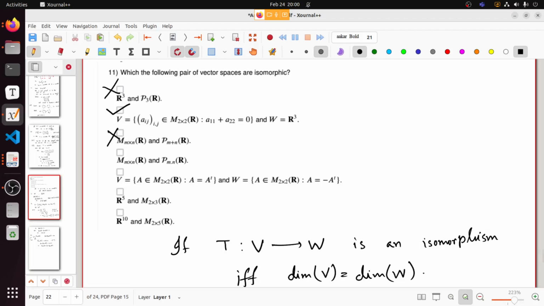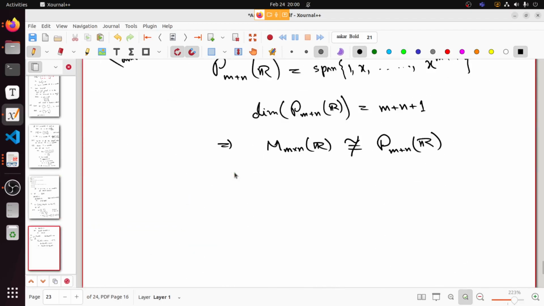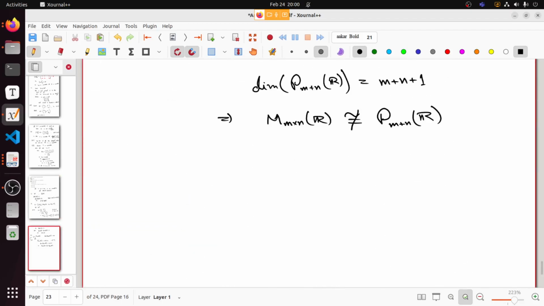What will be option number 4? M cross n and P mn. We have seen that for m cross n the dimension is mn, right?